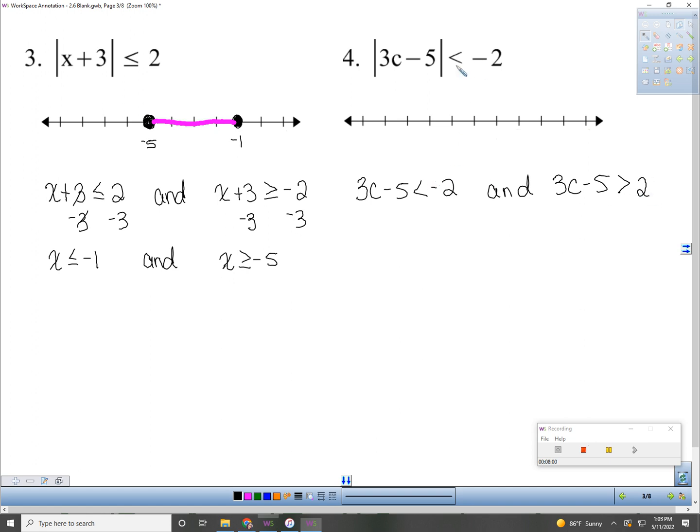But if you look at this, and we should have noticed this from the beginning, this is not greater than 0. Negative 2 is already less than. So if I'm saying that my absolute value has to be something that's less than negative 2, I'm never going to get that negative number. So this one would be a no solution.